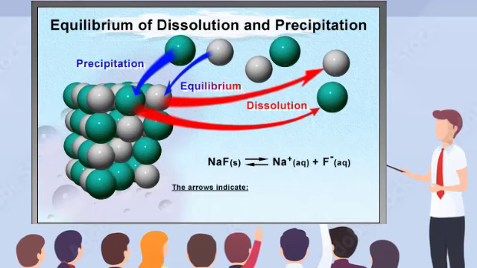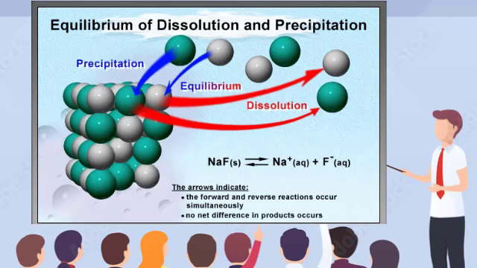The arrows are pointed in opposite directions to indicate that both the forward and reverse reactions are taking place simultaneously, and that no net difference in product occurs. Here you see the balanced equation for the example of sodium fluoride in equilibrium with its dissolved ions.